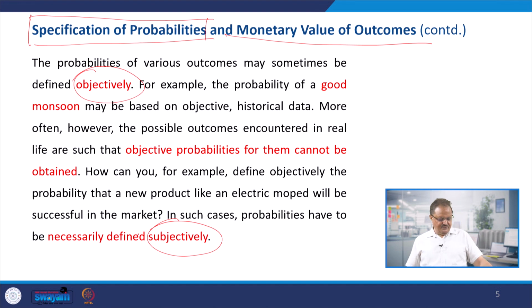In the case of the probabilistic estimates being objective, the previous data or past trend data must be known to us, that is, how things have been moving in the past number of years.